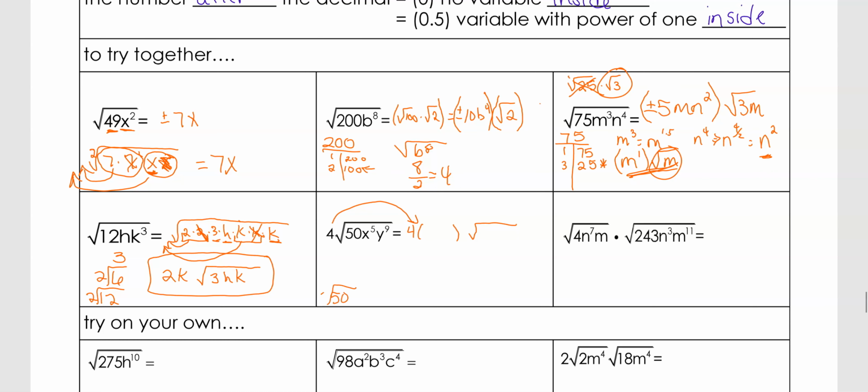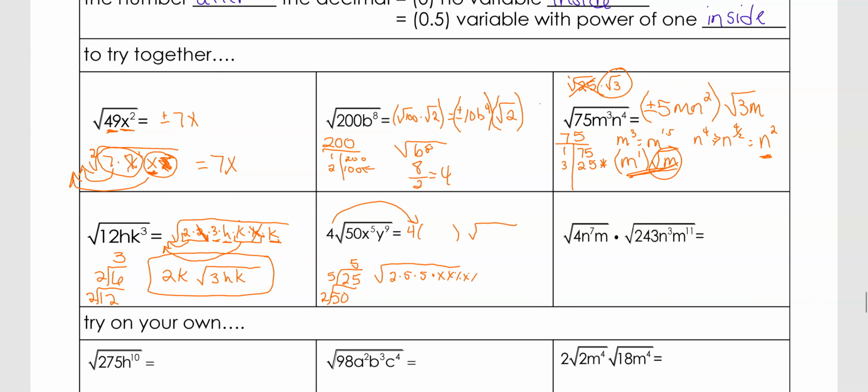And I'm going to do prime factorization because it is easy enough. So divide by 2 is 25. And then 25 is not divisible by 3, so 5 and 5. So 50 is 2 times 5 times 5. And then we have 5 x's inside.